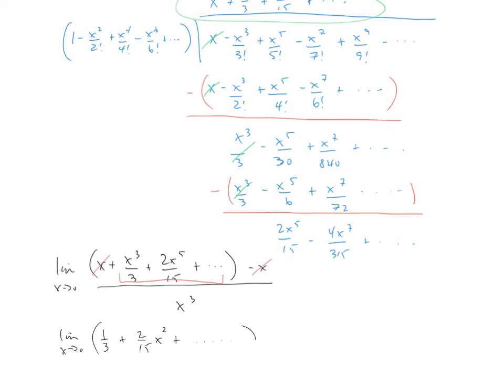But you'll notice, had I continued over here and plugged it in here, all of these would have x's in it still, in which case as the limit goes off to 0, these would have all zeroed out. So it leaves us with the final answer of 1/3.